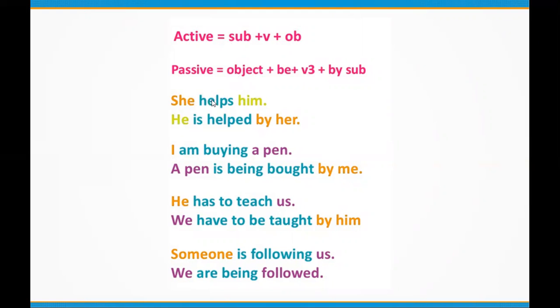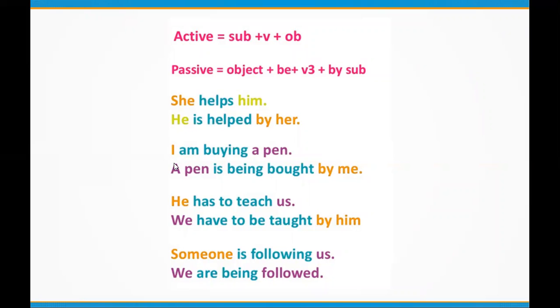She is a subject, helps is a verb and him is an object. While writing in passive voice, he is helped by her. Here he is an object. Him changed to he. Is is a be form of the verb. Then help. What is the V3 of help? Helped. After that we have to add the preposition by, then the subject. So he is helped by her.